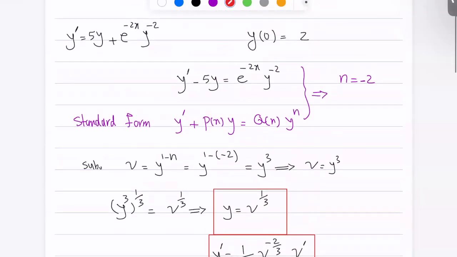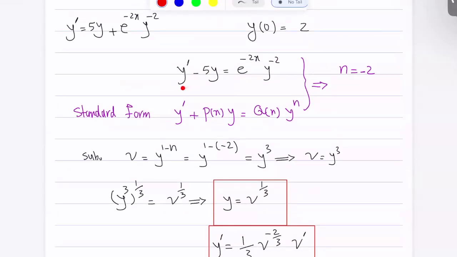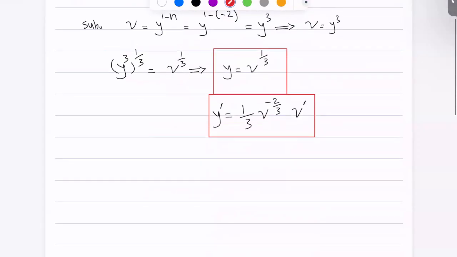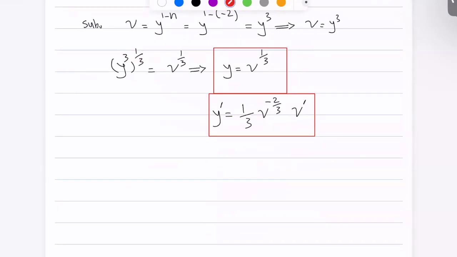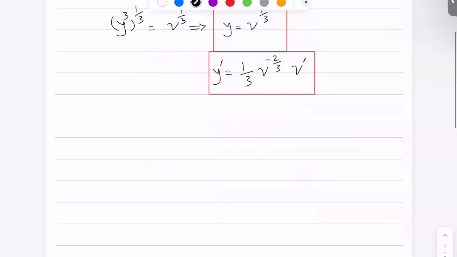Now that I have y and y prime, if we go back into our differential equation and plug that in, we can write this whole thing in terms of v and x instead of y and x. So let's do that.